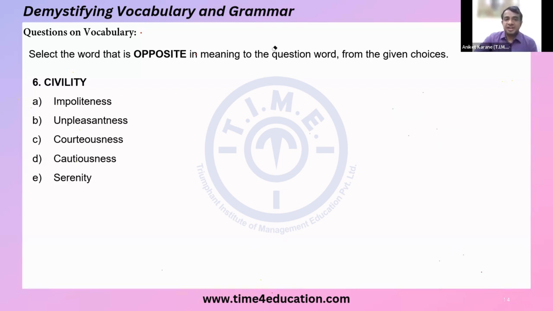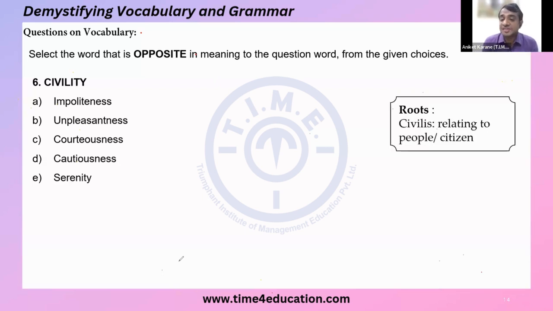So in civility, we are looking for the root civil. Now, civil as a root means what? Let's look at the root that is present. So civilis, or civil, related to people or citizen.